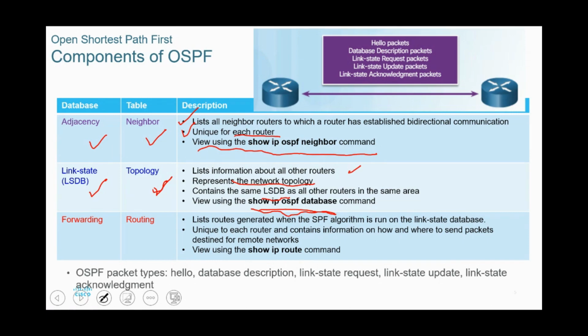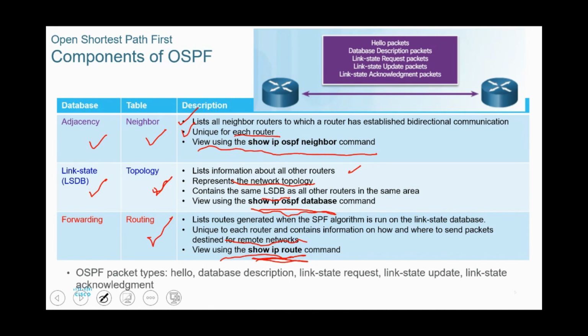And the last one is the forwarding database, which is stored in the routing table. This routing table lists routes generated when the SPF algorithm is run on the link state database. It is unique to each router and contains information on how and where to send packets destined for remote networks. You can use show ip route to view your routing table.